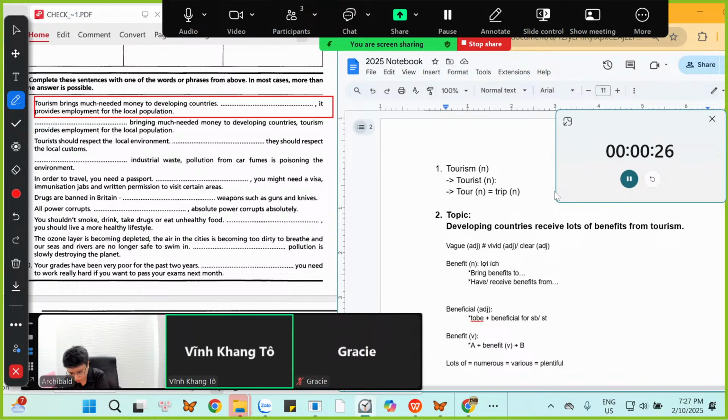Also, the spending by tourists too. Visitors spend money on hotels, food, transportation, entertainment, and a lot of other things. Yeah, I just can think about it.